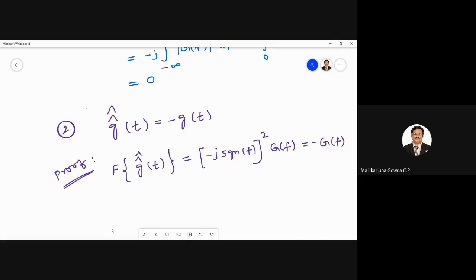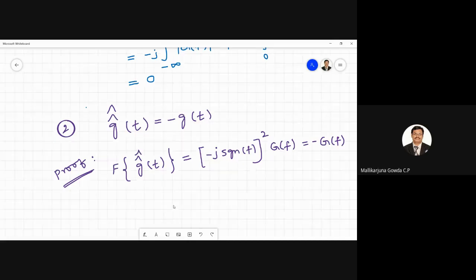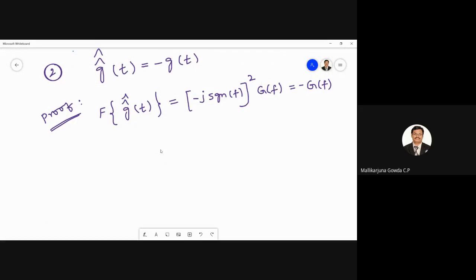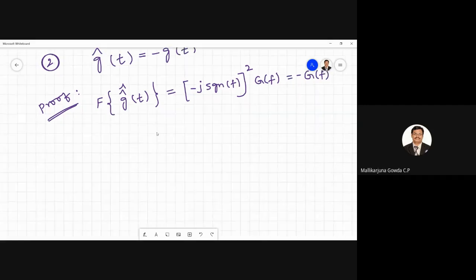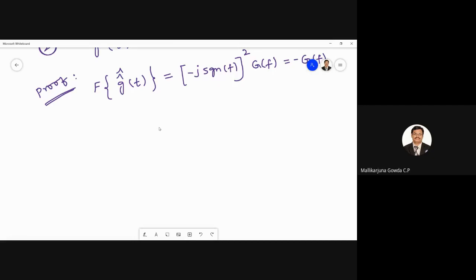So to prove the first property, as I said, the magnitude of g of t and its Hilbert transform is the same, right? It is nothing but the energy content of the signal is equal to the energy content of its Hilbert transform. So like this we can define it. Okay, the proof of this first property.